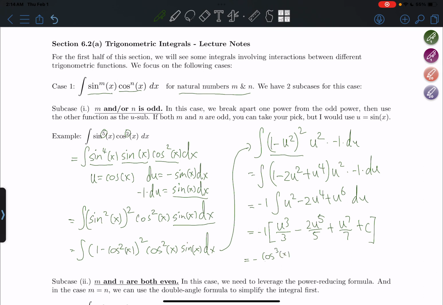Cosine cubed x over 3, plus 2 cosine to the 5 of x over 5, minus cosine to the 7th over 7, plus c.